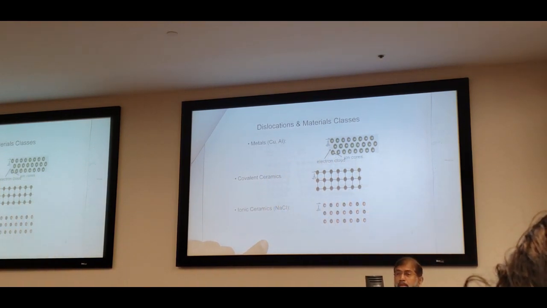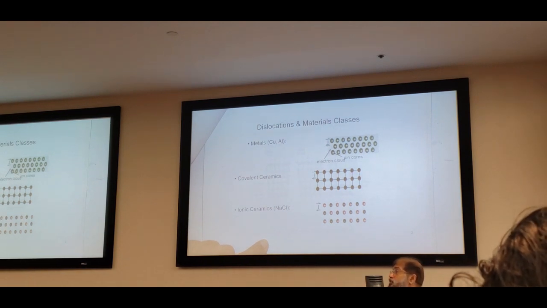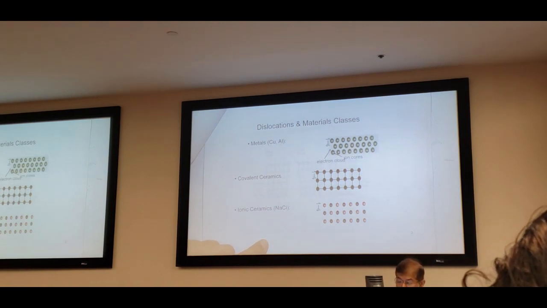They are all metals. In the second chapter, we talked about the metallic bond. What is a metallic bond? A metallic bond is ions in a sea of electrons. In a sea of electrons. You need to remember that.